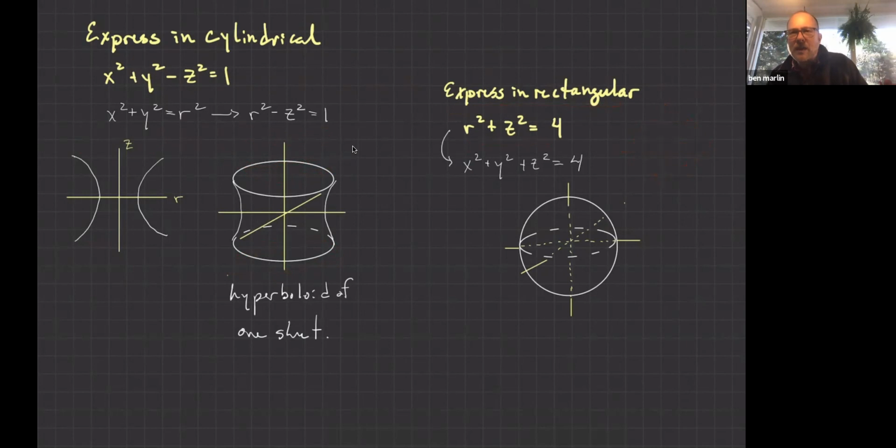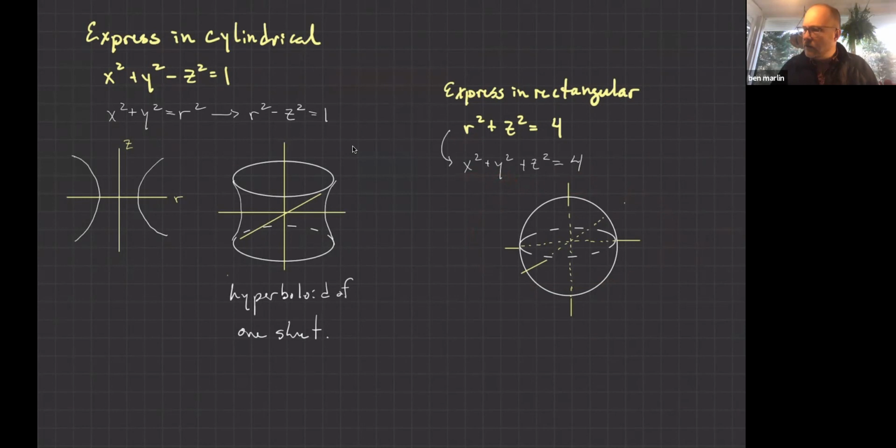And so when you rotate that by letting theta be anything that you want, then you're going to get a sphere like this. Insofar as converting it, you're just replacing r squared with x squared plus y squared. And so then you can recognize the sphere of radius 2 from just the standard equation.